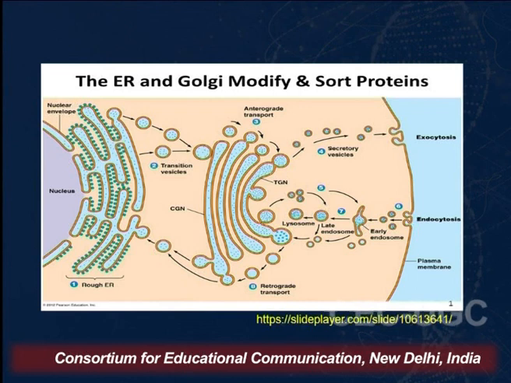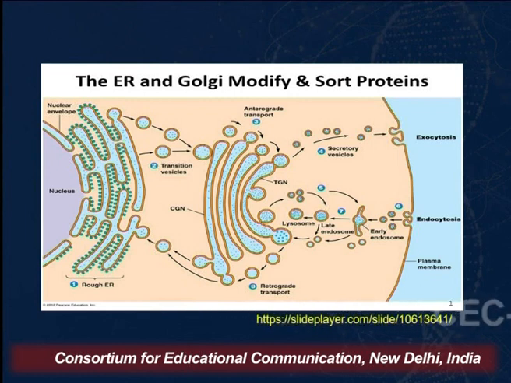In this particular image, the proteins are being formed on the rough endoplasmic reticulum, and then they are sorted at various locations within the endoplasmic reticulum and released. Once released, with the help of vesicles, they move into the various phases of the Golgi complex, called the cis and the trans phase, where they combine and are released within the Golgi complex.